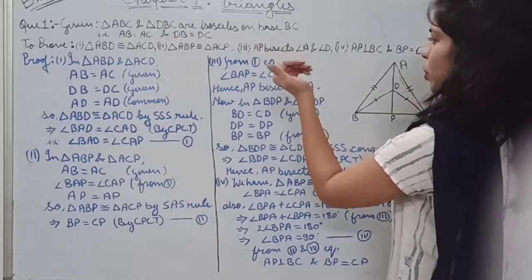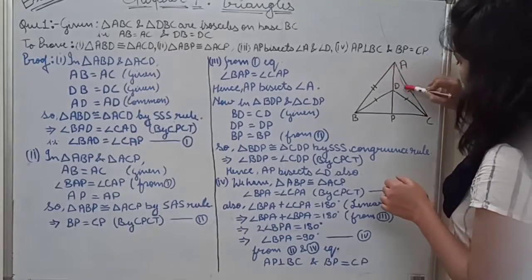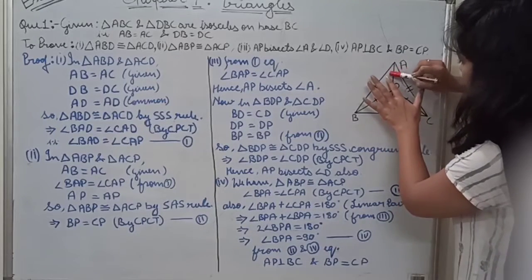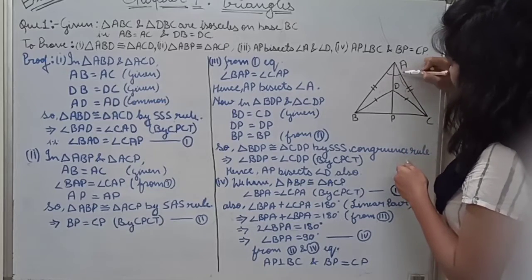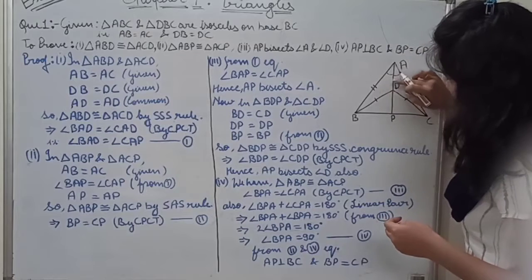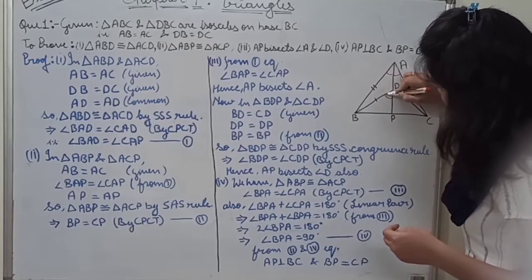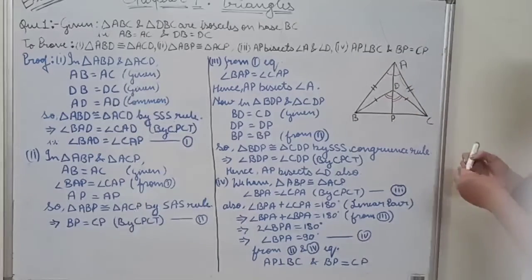Okay, third point, AP bisects angle A as well as angle D. This AP bisects angle A means this angle equals to this angle we have to prove, as well as angle D means this angle D is getting bisected by AP, means this angle equals to this angle we have to prove.